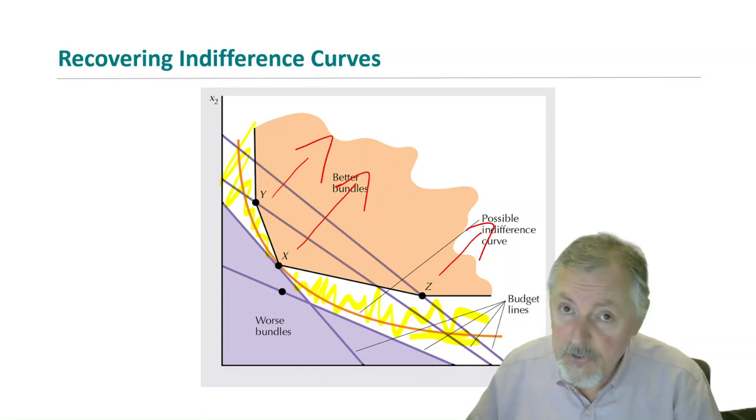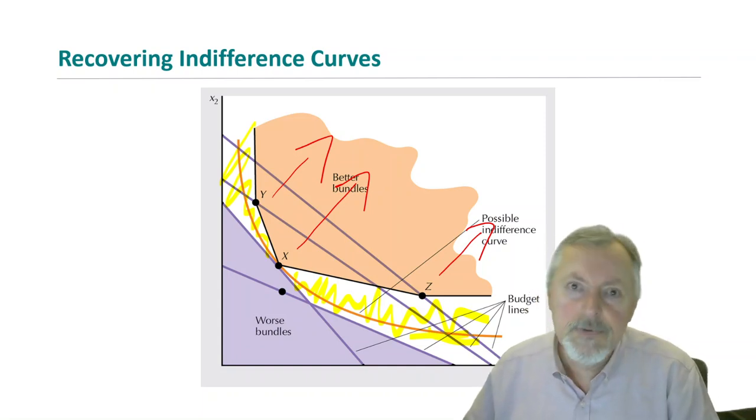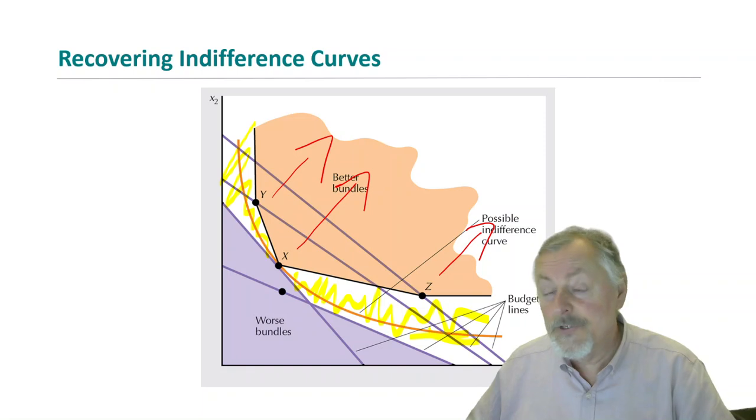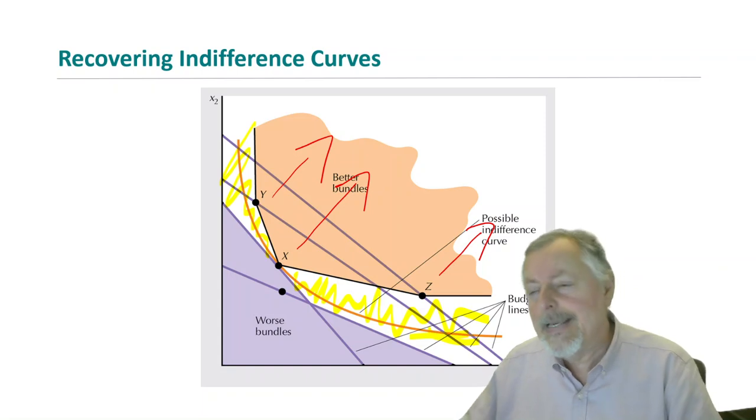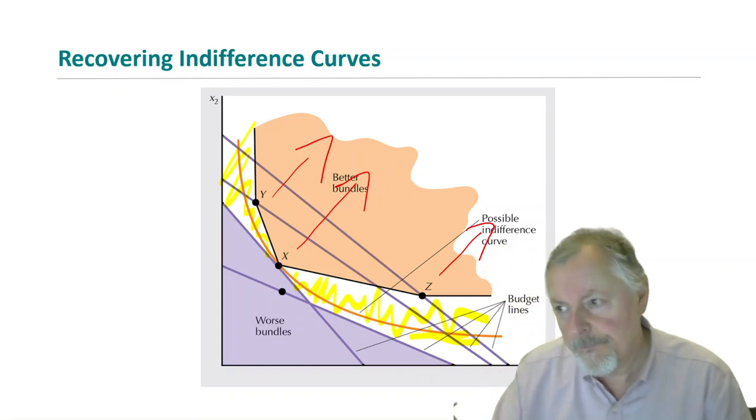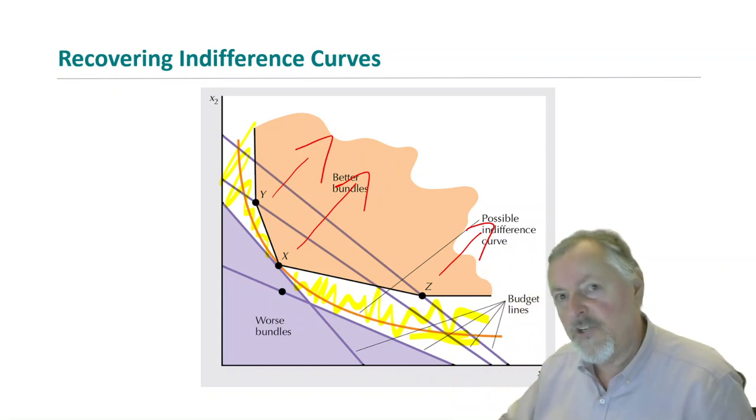If both of them are goods, the person's going to get more utility from more of both. They're not trading off anything. So we know the indifference curve that bundle X is on cannot be in that sort of beige area.